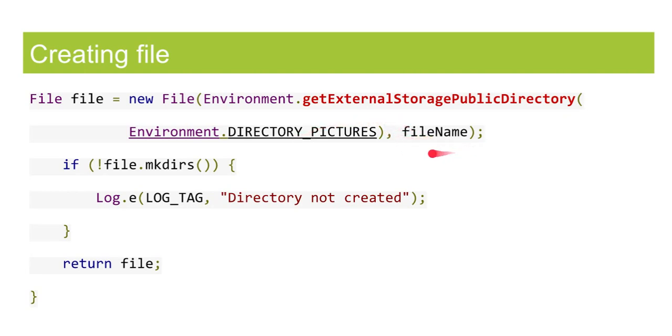This is the file name we want to give to that particular file, and we then check if that file is available or created. mkdirs is the method we use to know if the file is created or already existed. When it is created, we return this file.